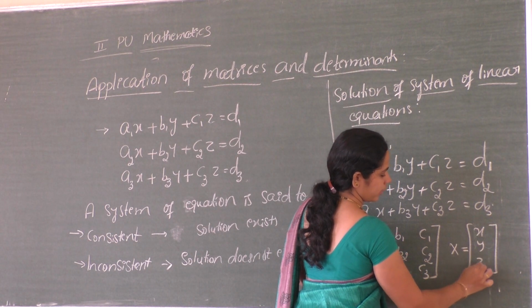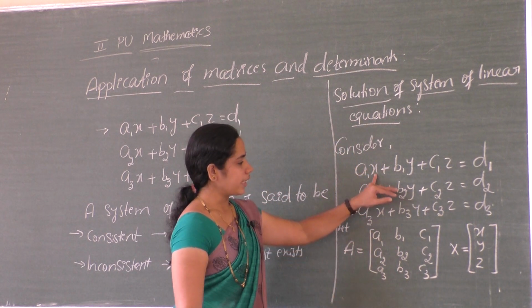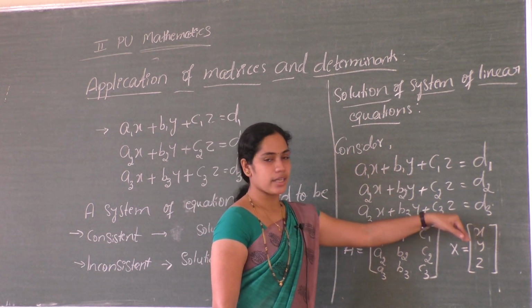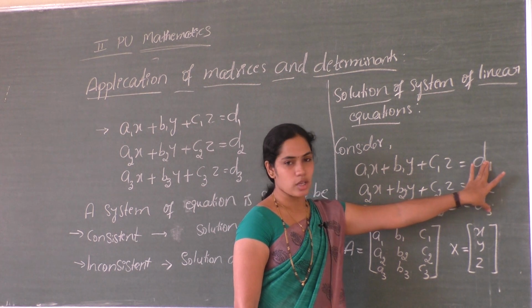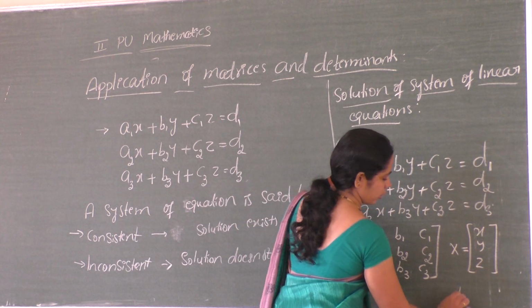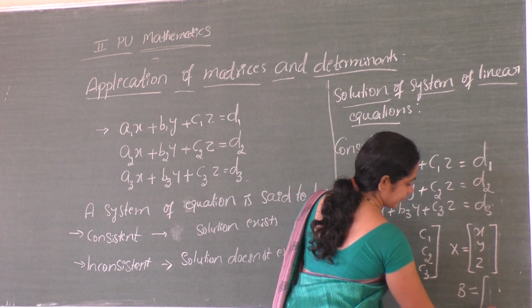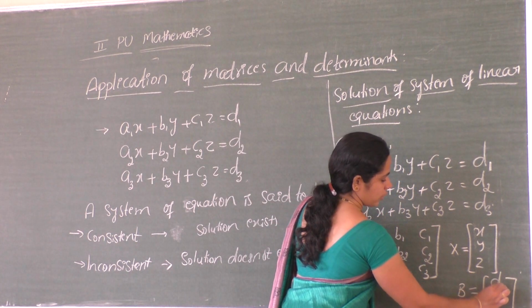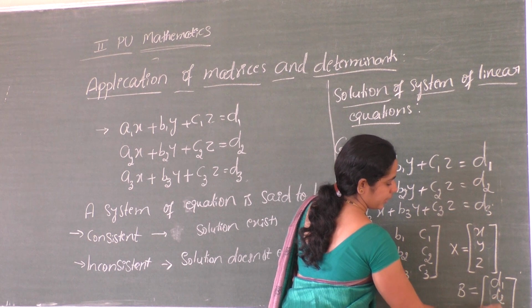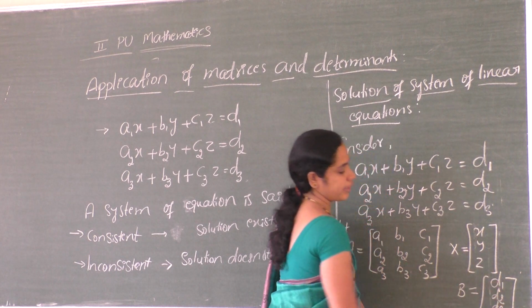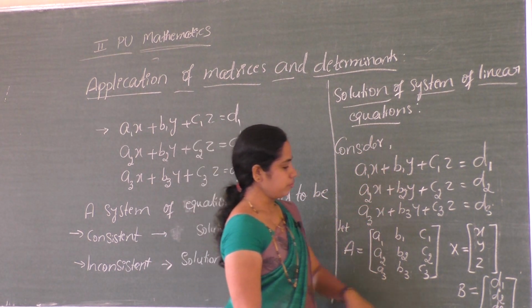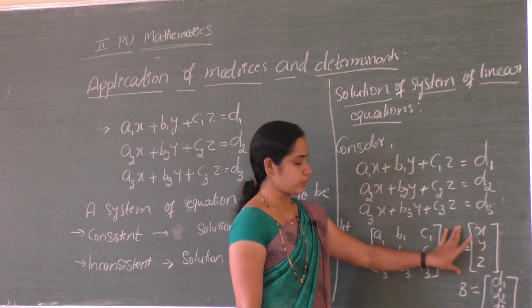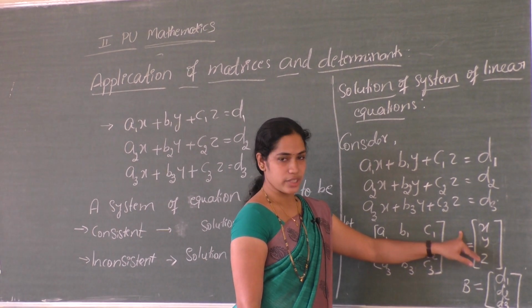X, Y, Z are the unknowns. These are the constant values. Constant values can be taken as matrix B. What are the constants? D1, D2, D3. Now we need to solve this system of equations.